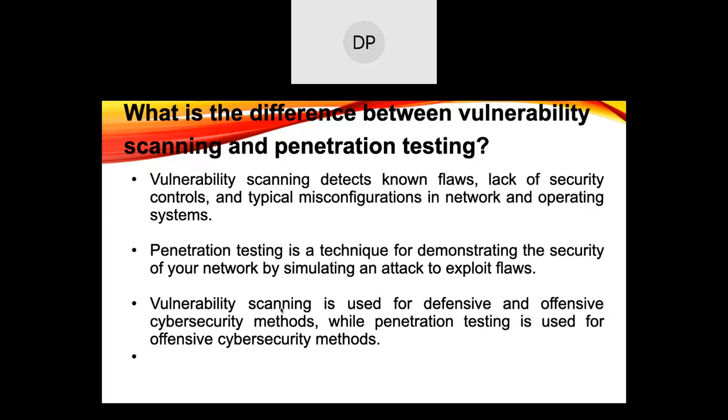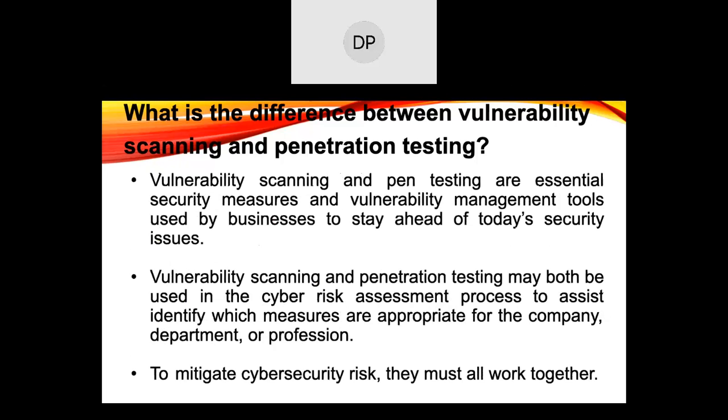Vulnerability scanning is used for defensive and offensive cybersecurity methods, while penetration testing is used for offensive cybersecurity methods. So this is the basic you should know. Vulnerability scan deals with defensive and offensive measures, but penetration testing is commonly used for offensive measures.